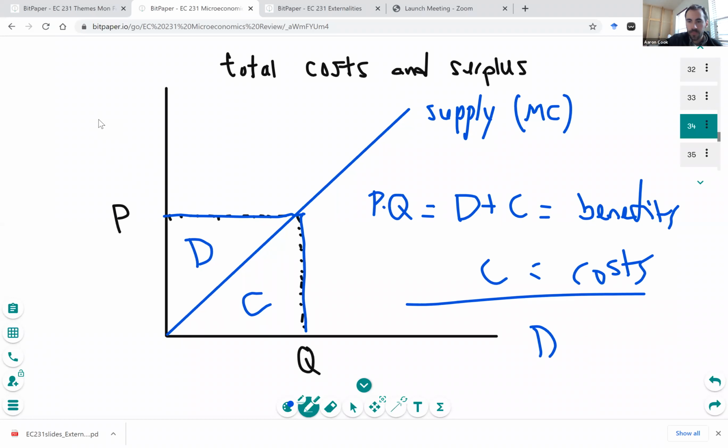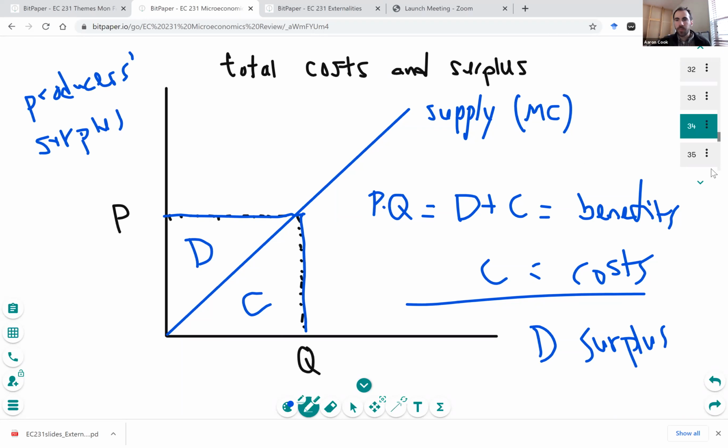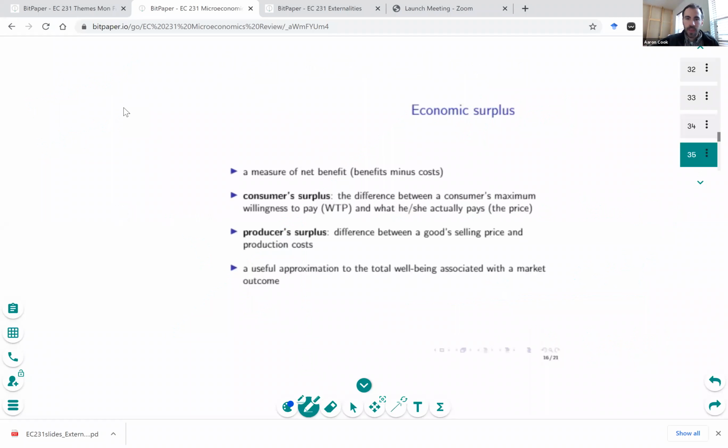And so D would be their surplus. D would be the producer surplus, right? So you're always just finding the total costs. You're taking the total costs and subtracting them from the total benefits. Whether you're looking at consumers or producers, that's the procedure that you're doing to find the surplus that accrues to those parties, right?